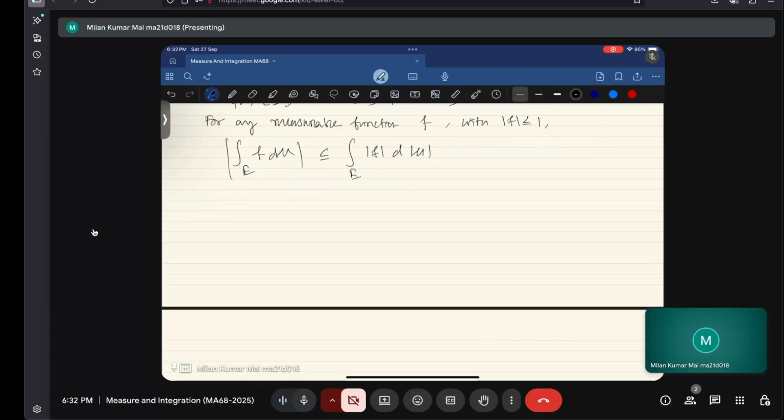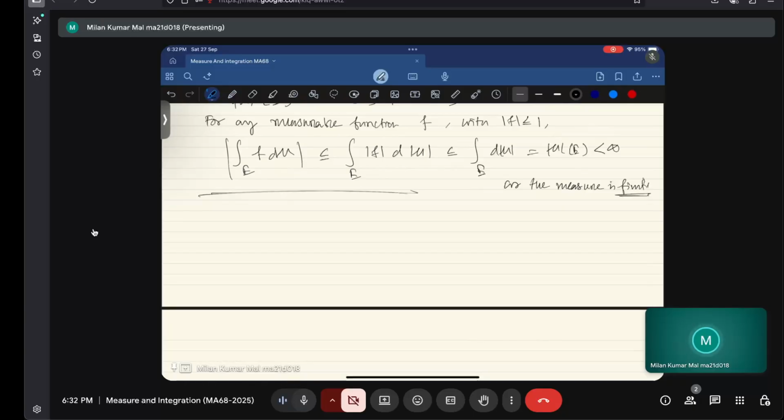Now this is less than or equal to the integral over E of d mod of mu, that is equal to mod mu of E, and that is finite, as the measure is finite. So this is why this is happening.